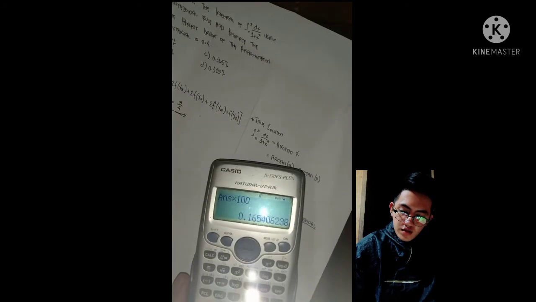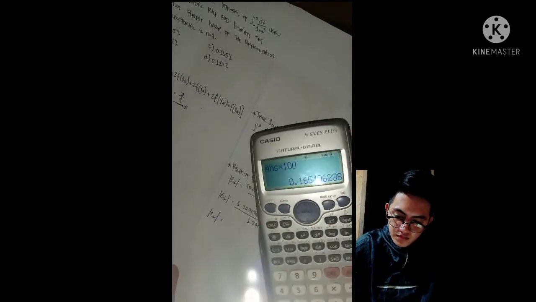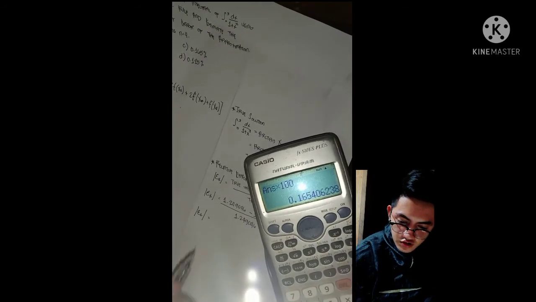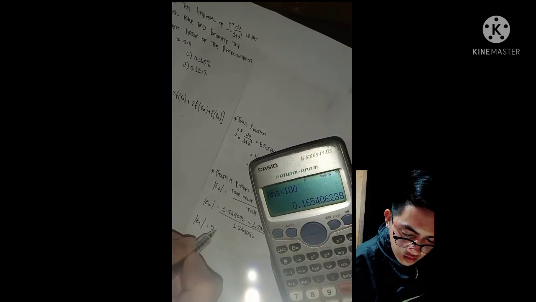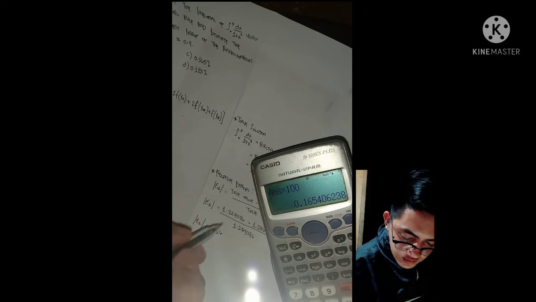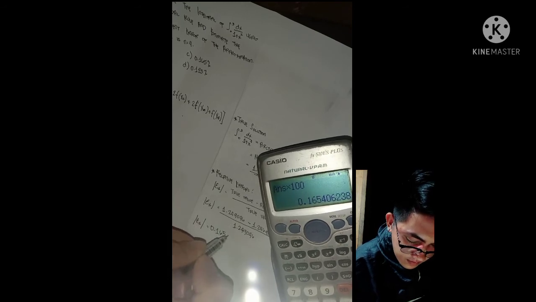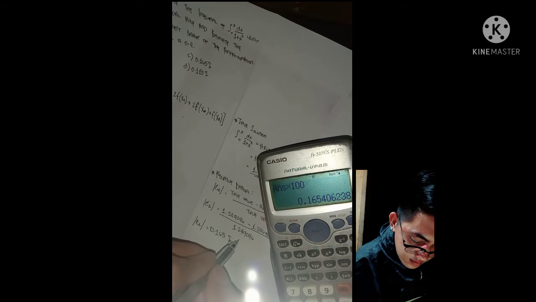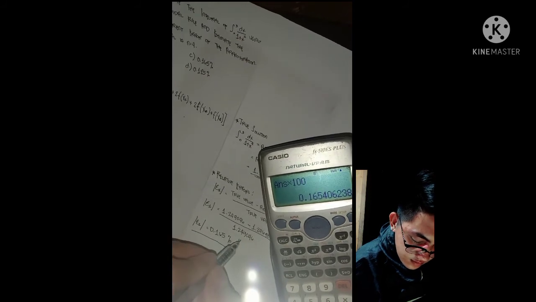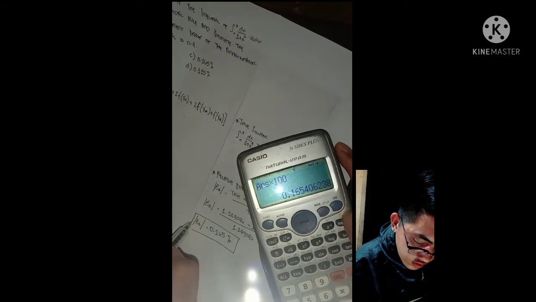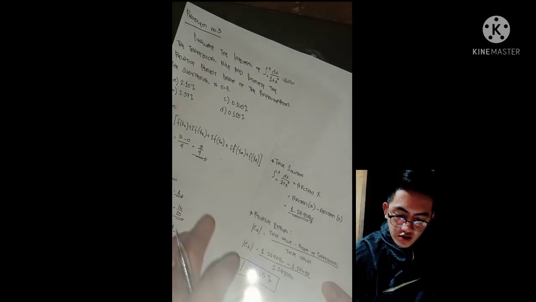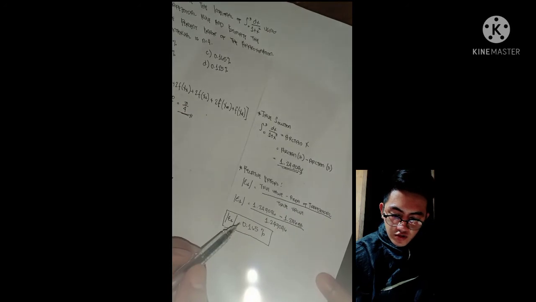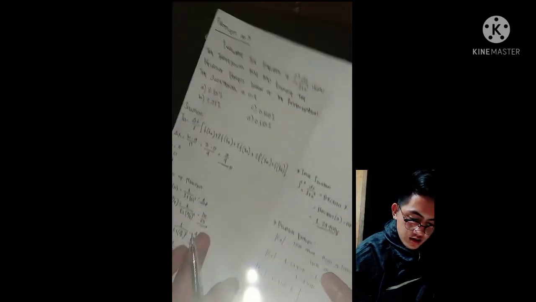So we have the value of 0.165%. So the answer in problem number 3, or the relative percent error, is 0.165%. So the answer is letter C.